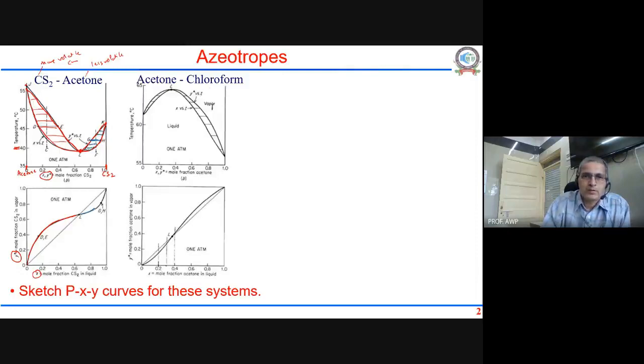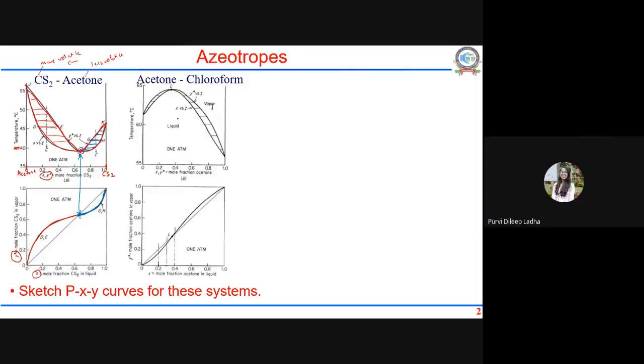So the curve looks like this. And at this particular point, x and y are identical. x is equal to y. Do you agree with that? This is basic thermodynamics that you've done already in the last semester. Yes, sir.